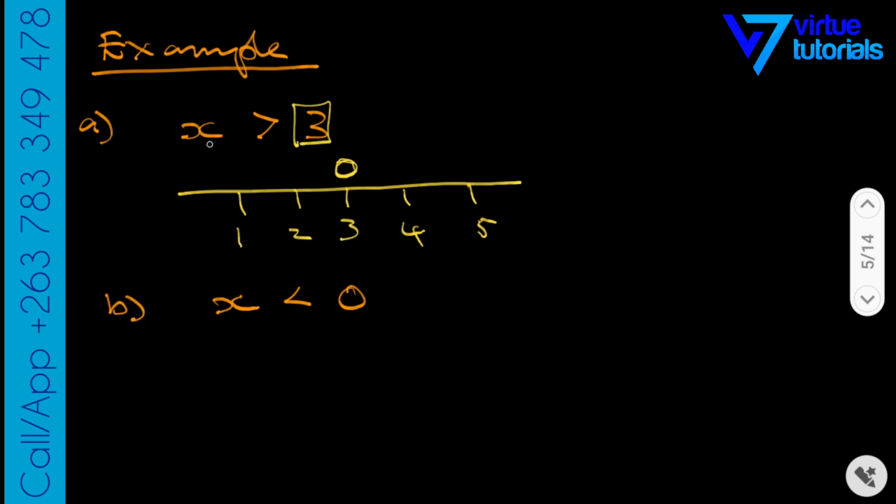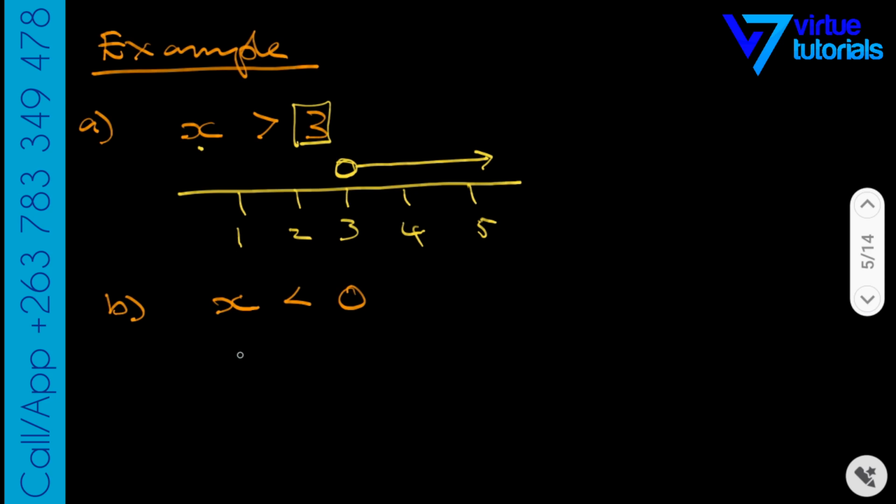The statement says x is greater than 3, so you have to look at x. x is representing all numbers that are bigger than 3. So I draw an arrow that points in the direction where those numbers are found. Numbers bigger than 3 are to the right of 3 on this number line.